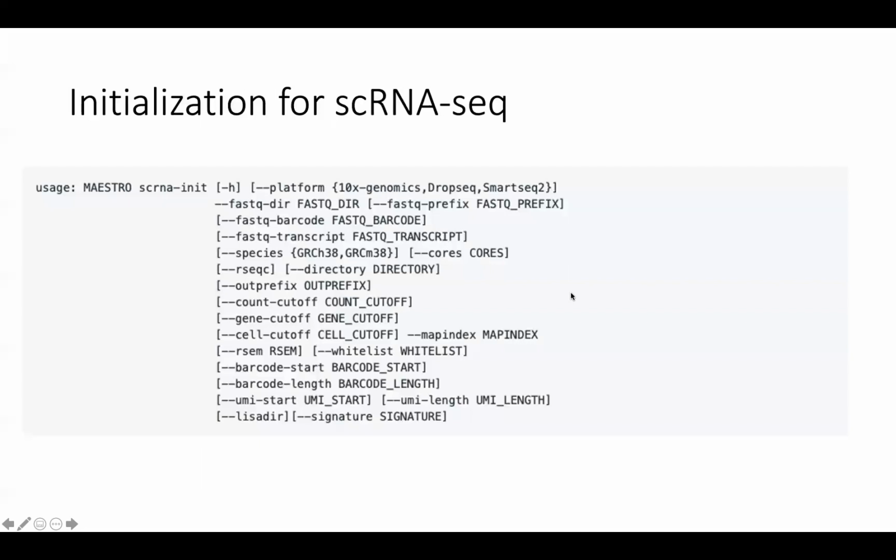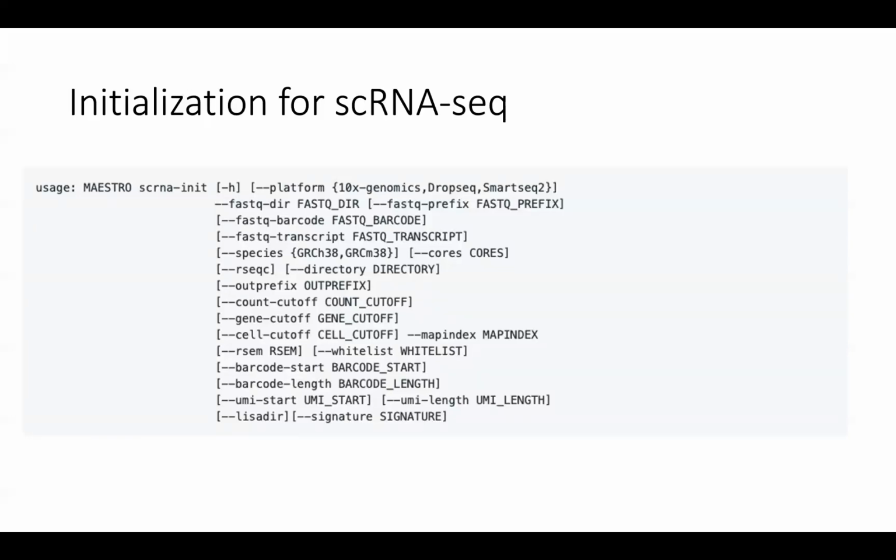Great. And so the code's already given to you, but I just wanted to briefly go through what kind of ingredients you're providing Maestro when you call single cell RNA-seq init, because it's probably useful for understanding what the pipeline is doing.